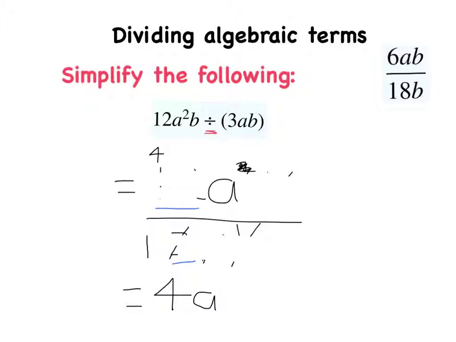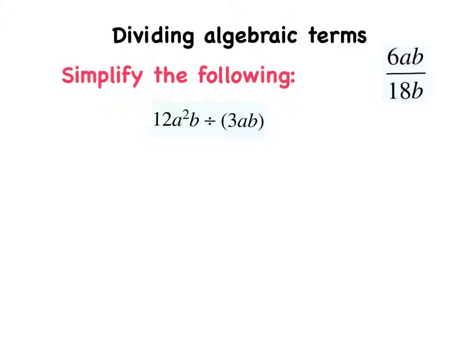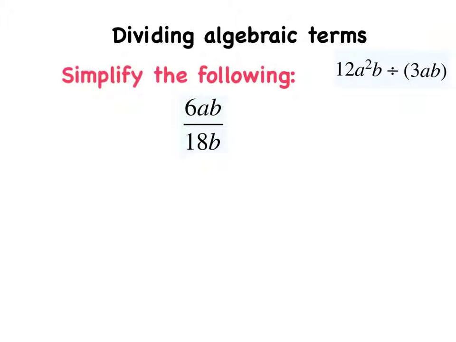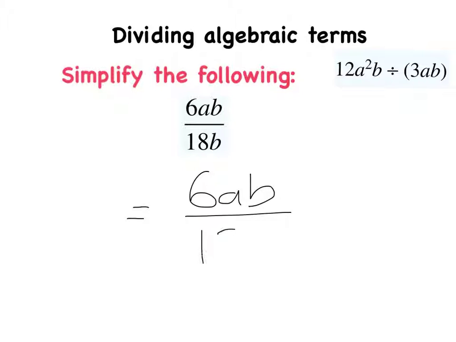It's pretty straightforward. Let's have a look at another example. Simplify the following. This has been given already as a fraction, which makes it super helpful. So I'm just going to write it out again: 6ab on 18b. Again, I am looking for the highest common factor in order to simplify my first like terms, 6 and 18.